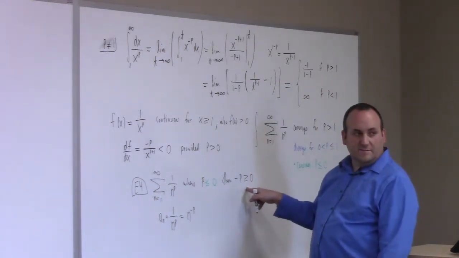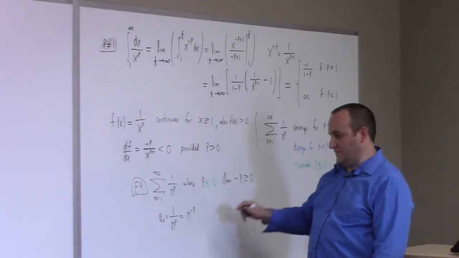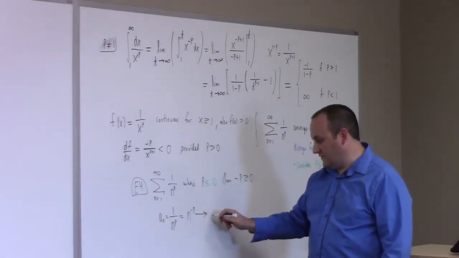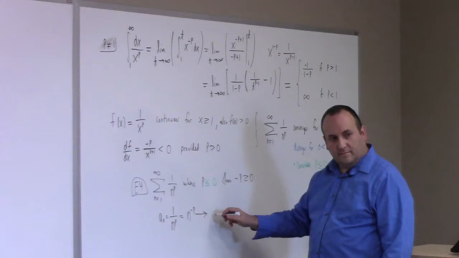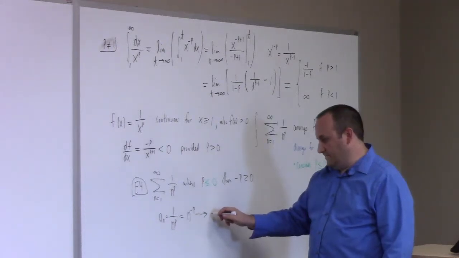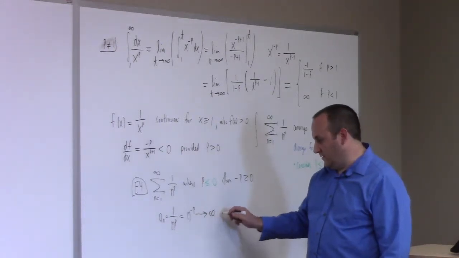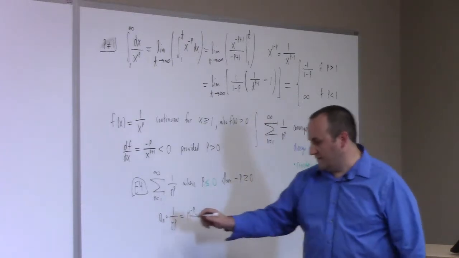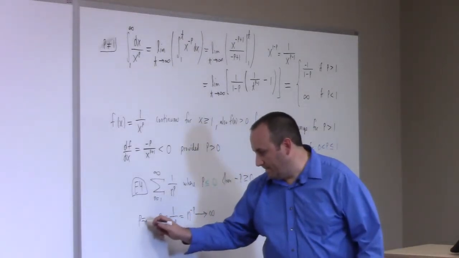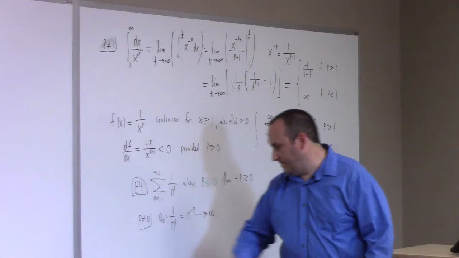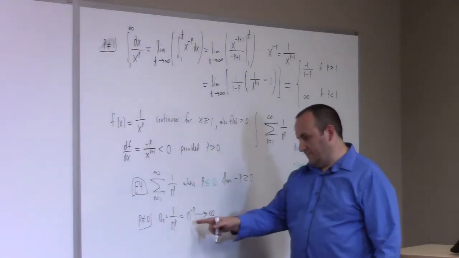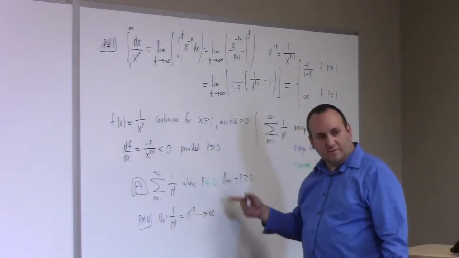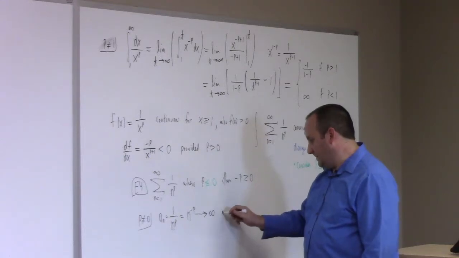Minus p is a positive power, so this goes to infinity as n goes to infinity, for p not equal to 0.